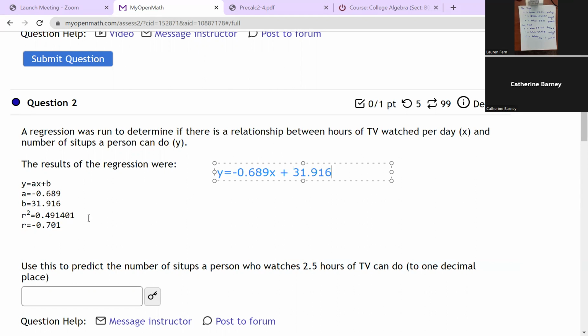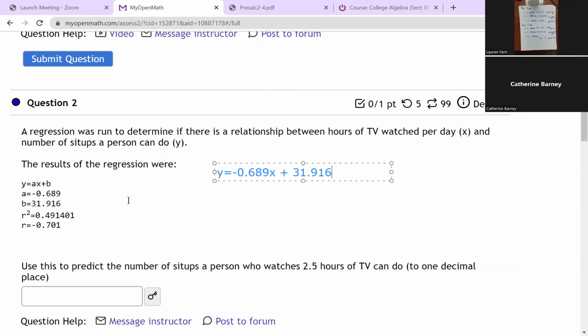R squared is something you talk about a lot in the Stat 216 class. We don't really go into it here, but notice my r value is negative, which makes sense because my slope is negative. And it's 0.7, so we would say it's a moderate fit.